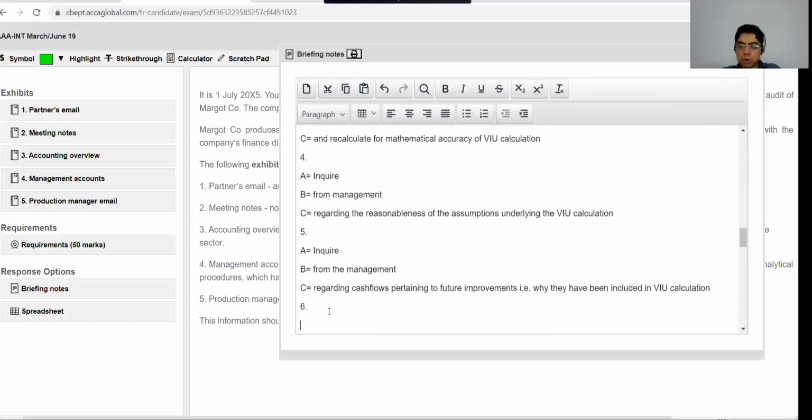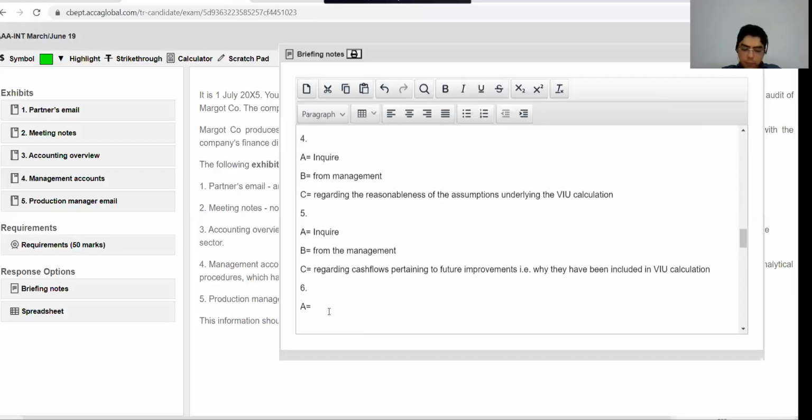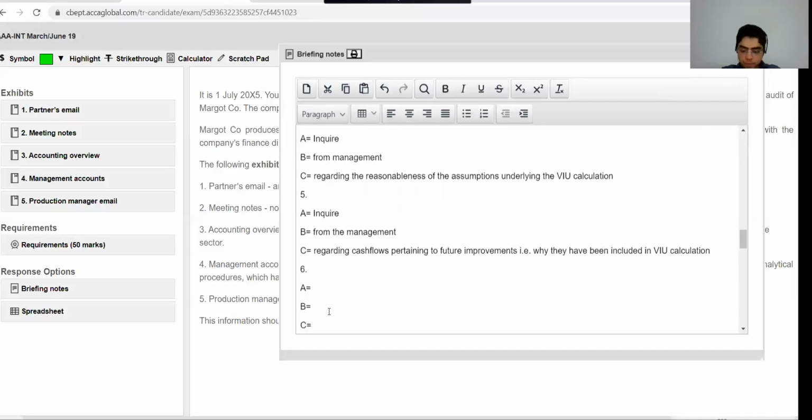You could even talk about one procedure about obtaining written representation from the management. Now, if you close it over here, you're not going to get any marks.